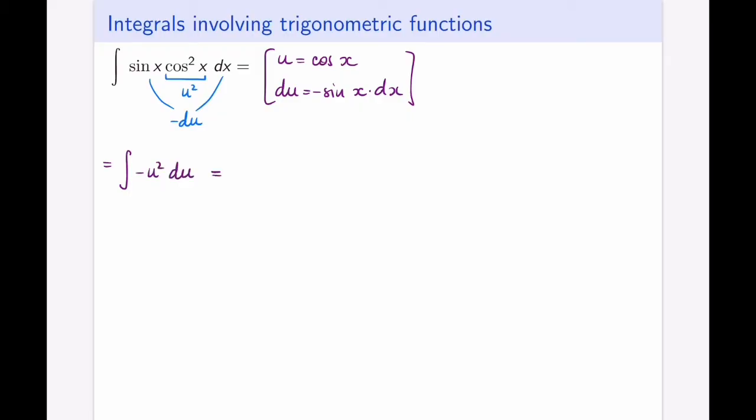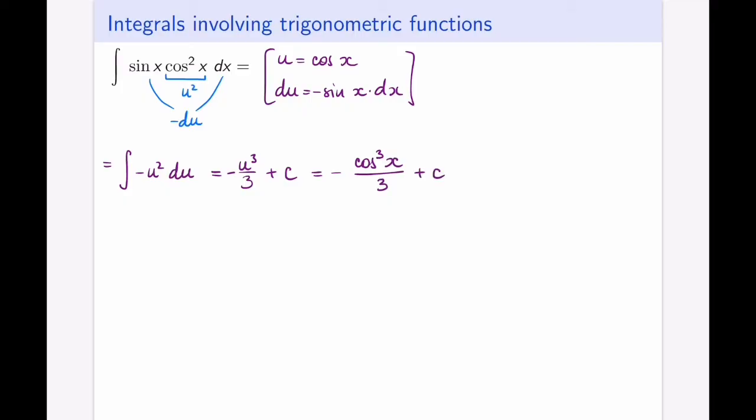Now, of course, I can integrate this fairly quickly, u cubed over 3 plus a constant, and then I can simply return to my original variable by plugging in the fact that u is equal to cosine x. So therefore, whoops, lost the minus here. My final answer is going to be negative cosine cubed x divided by 3 plus a constant.